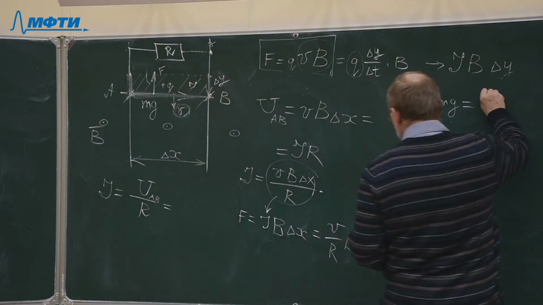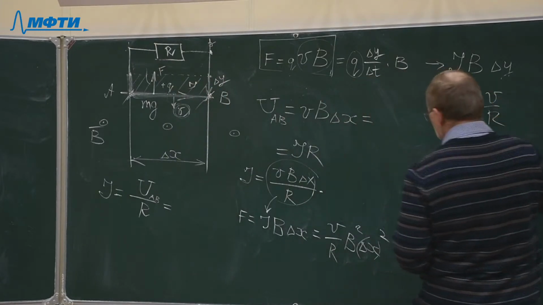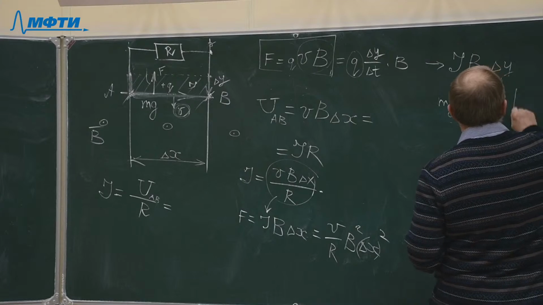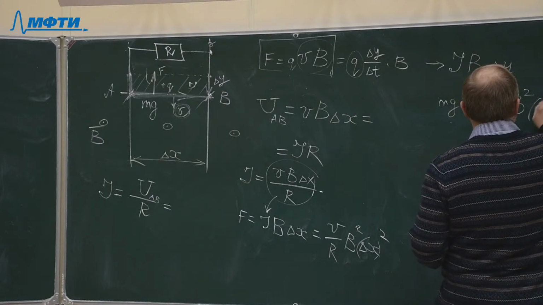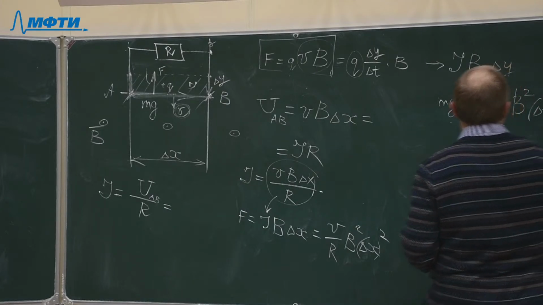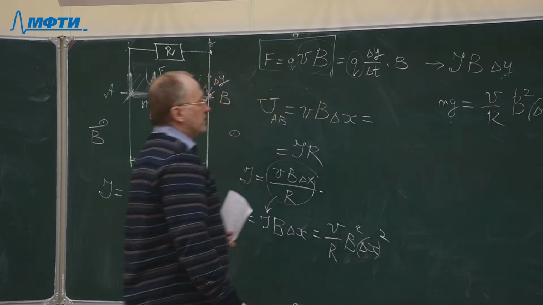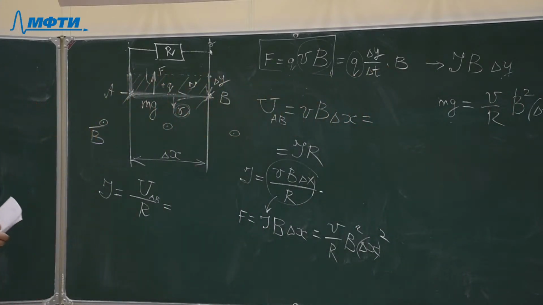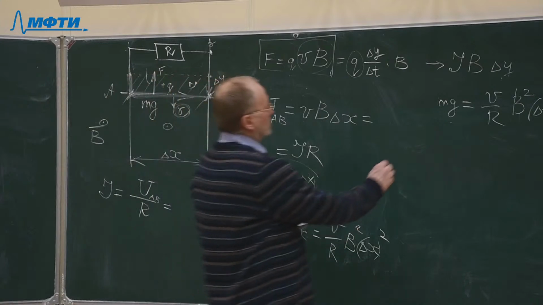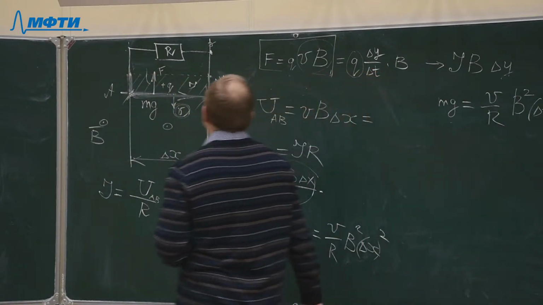That is equal to V over R times B squared delta x squared. This is just the condition for static equilibrium.